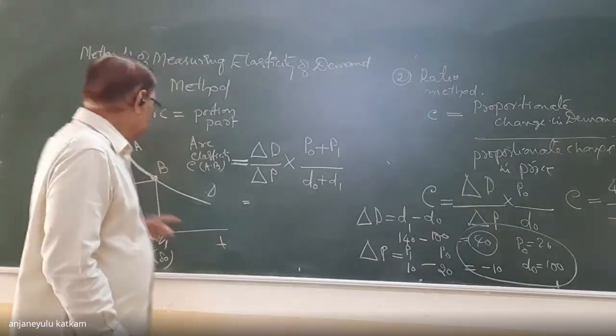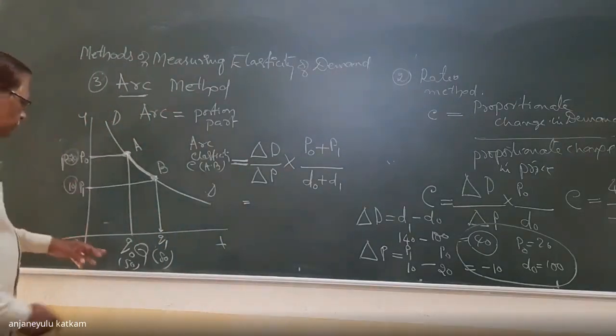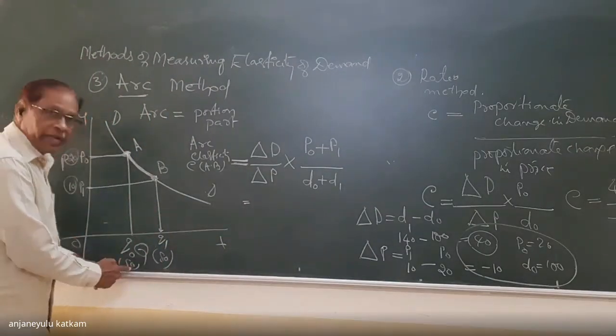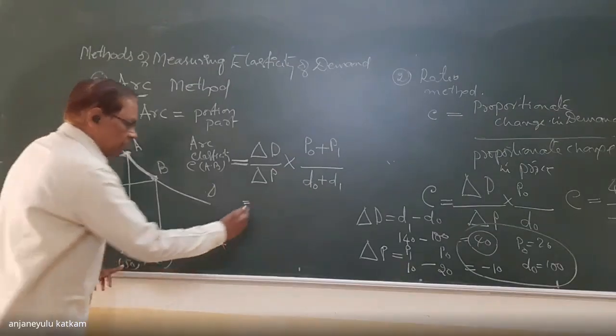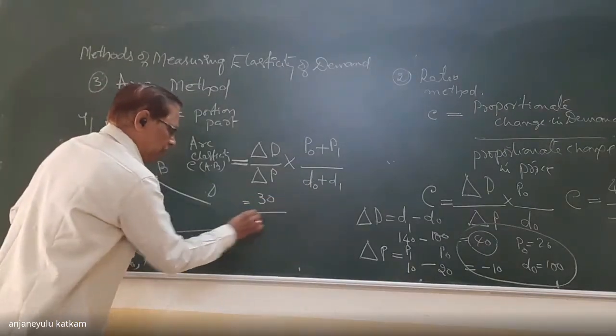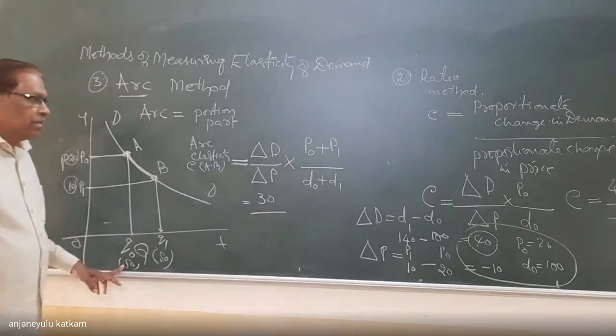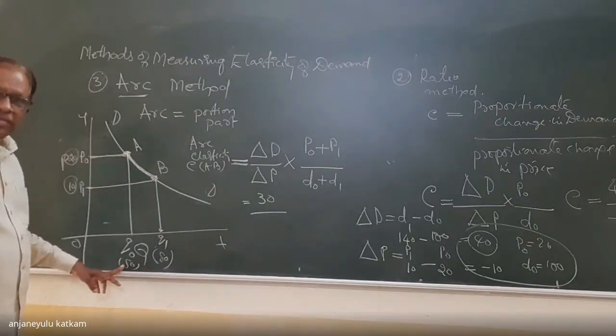In this case, the change in the demand is 80 minus 50, which is 30, divided by the change in the price.